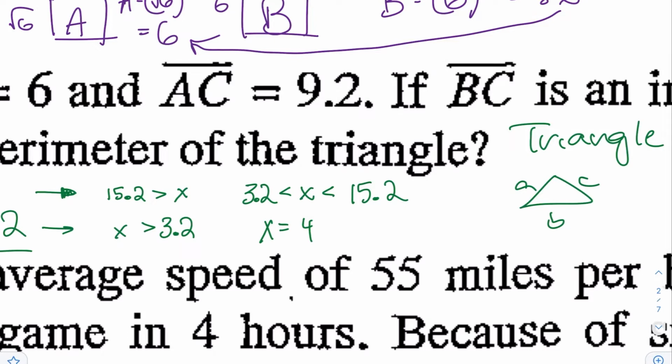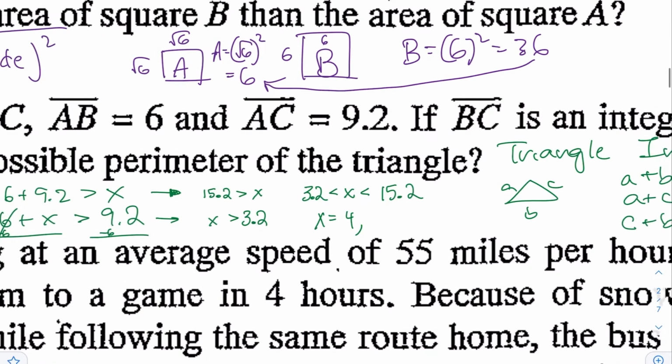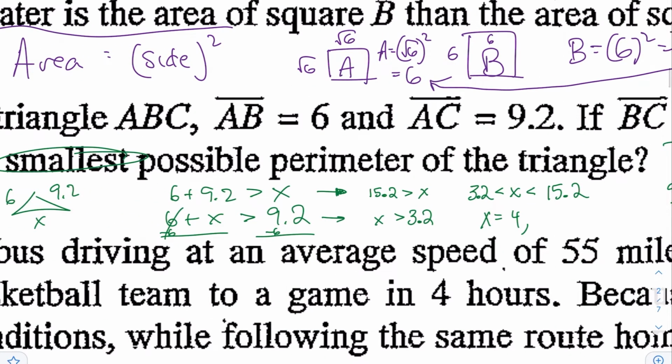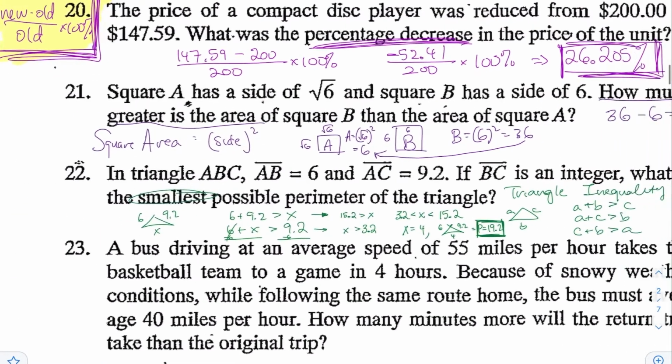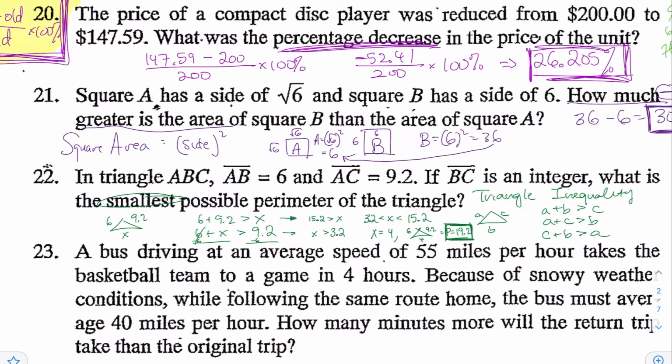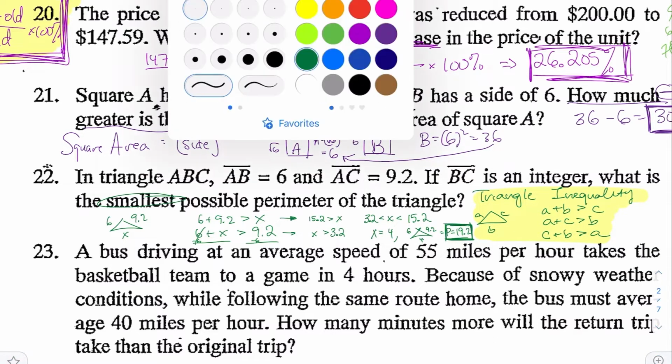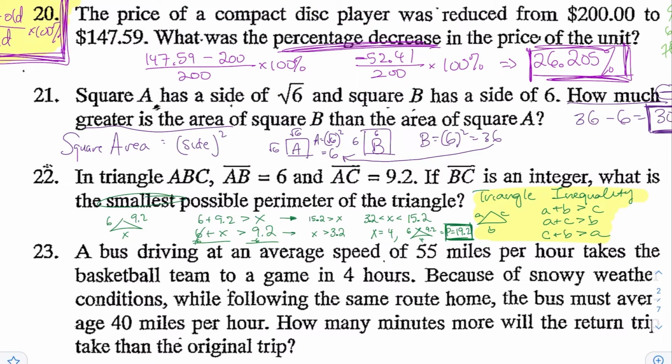Now, if x is 4, the three sides will be 6, 9.2, and 4. So the perimeter is going to be 19.2, when you add everything together. So for number 22, the key is to solve using the triangle inequality theorem. If you add two sides of a triangle, it must be bigger than the third side.